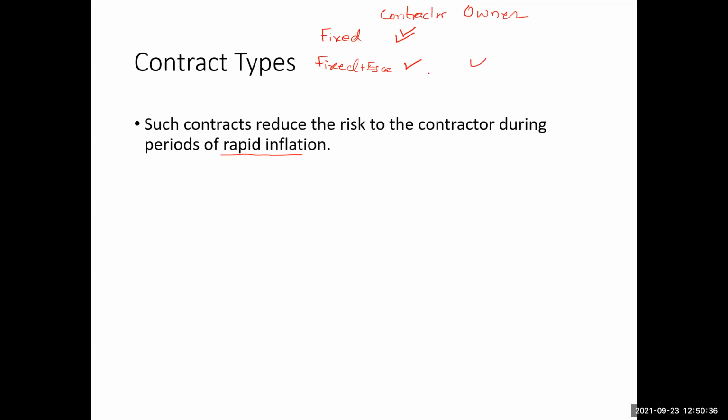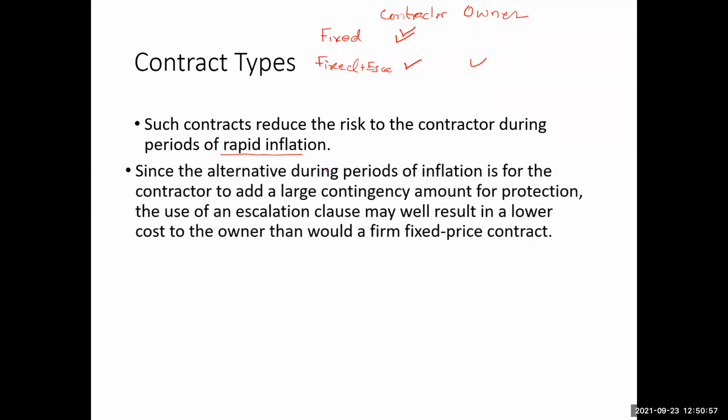In this case, the owner takes the responsibility for the increase in prices and pays the contractor the increase in the prices of the items which are linked with the price indexes. Okay, so this was some talk about the risk.